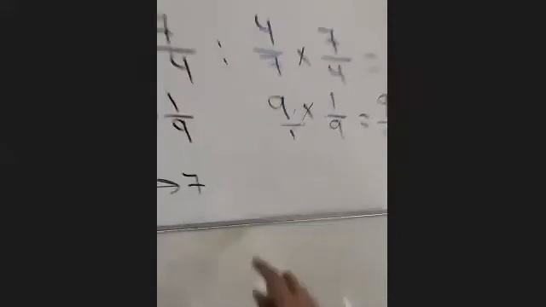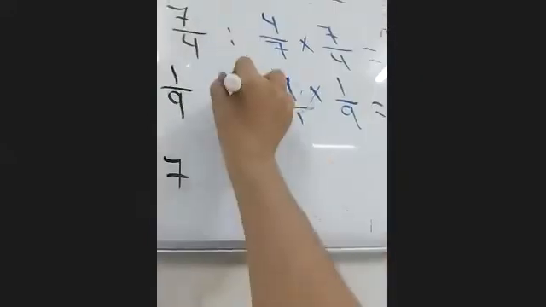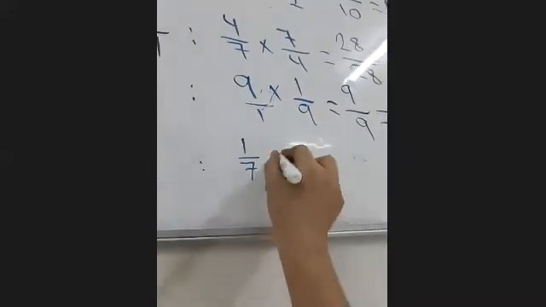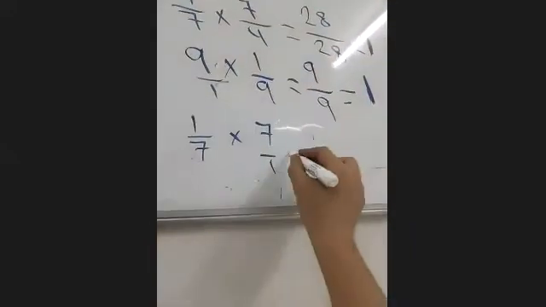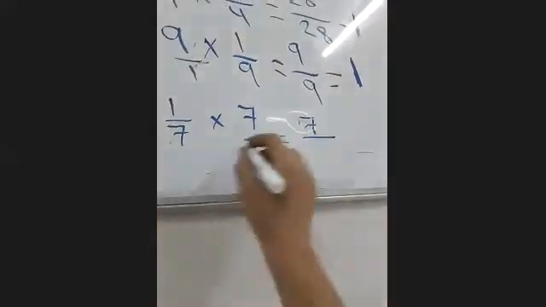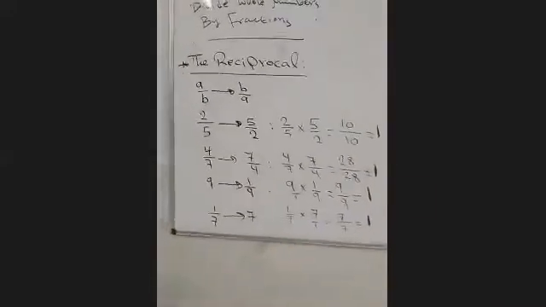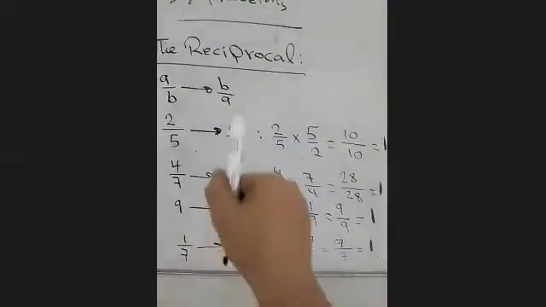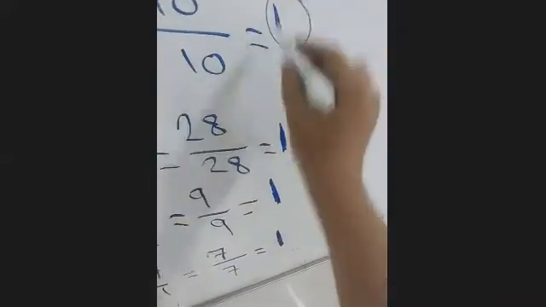How about the last one here? 1 over 7 multiplied by 7. This one has no denominator, so make it 1. And multiply: 1 by 7 is 7, over 7 by 1 is 7. And also the answer is what? 1. Now look here, guys. If I multiply any fraction by its reciprocal, the answer is always what? 1.